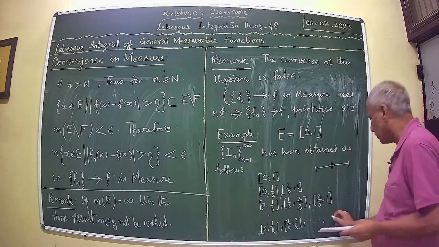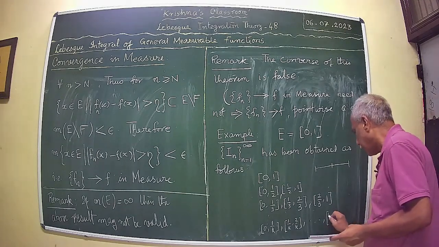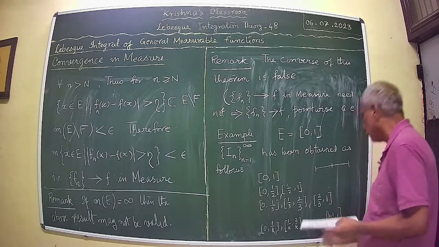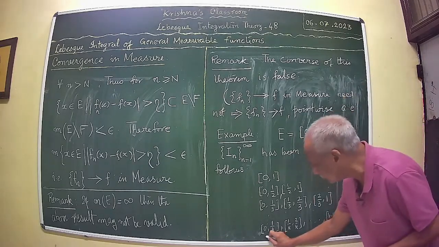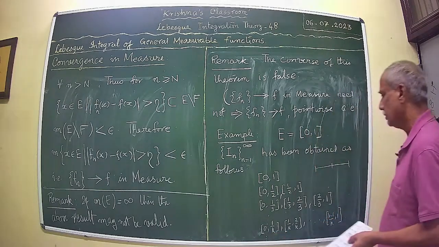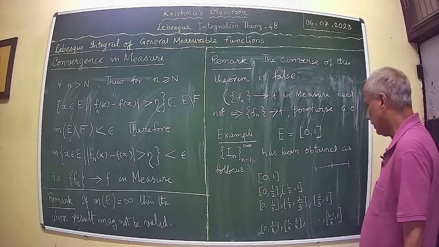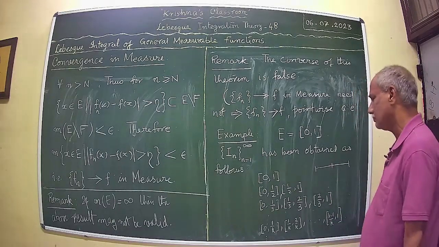The last one is going to be k minus 1 by k to 1. So this is going to be the breakup of 0 to 1. Make it in this way.